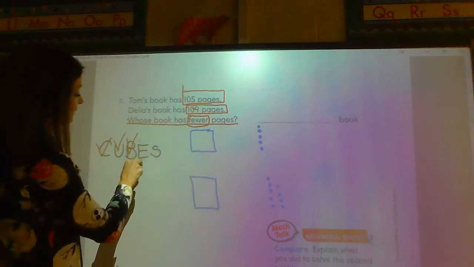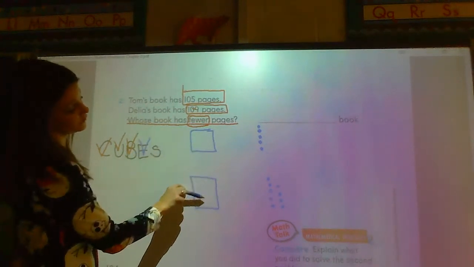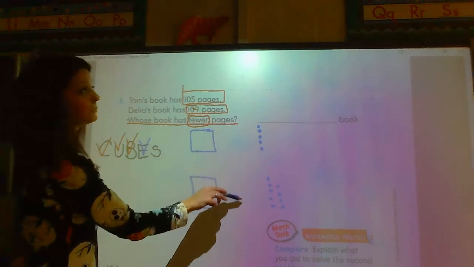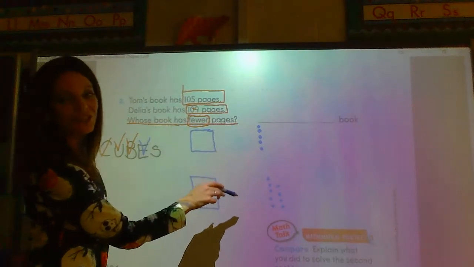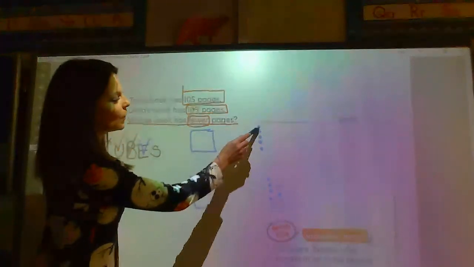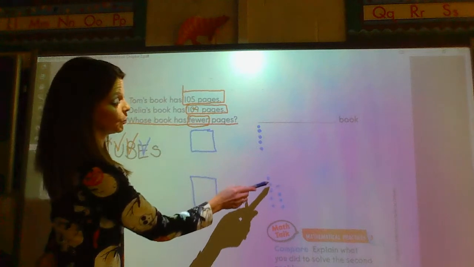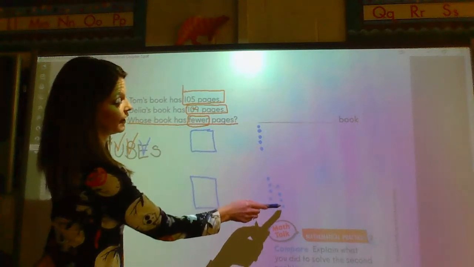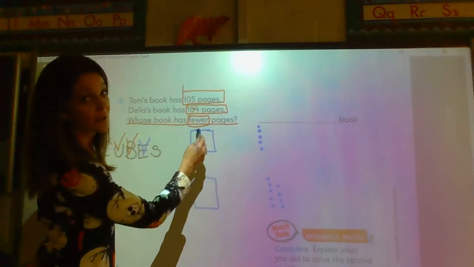So we evaluated. 100, 100. No 10s, no 10s. Where do we go next? To the ones, good job. 1, 2, 3, 4, 5. Whoa, that's way more. 1, 2, 3, 4, 5, 6, 7, 8, 9. We're looking for fewer, our key word.